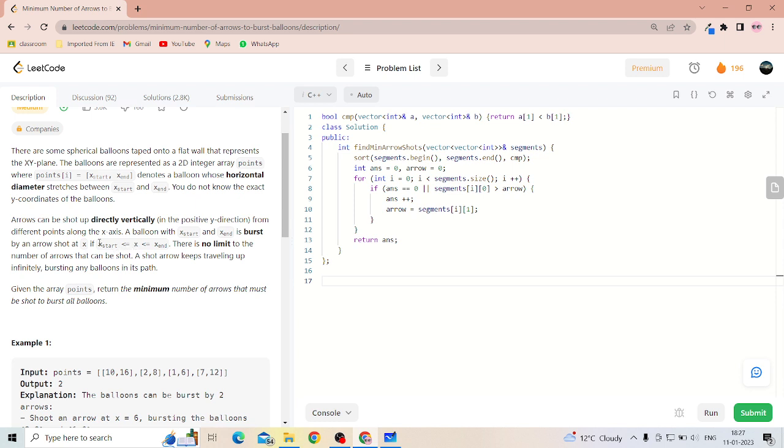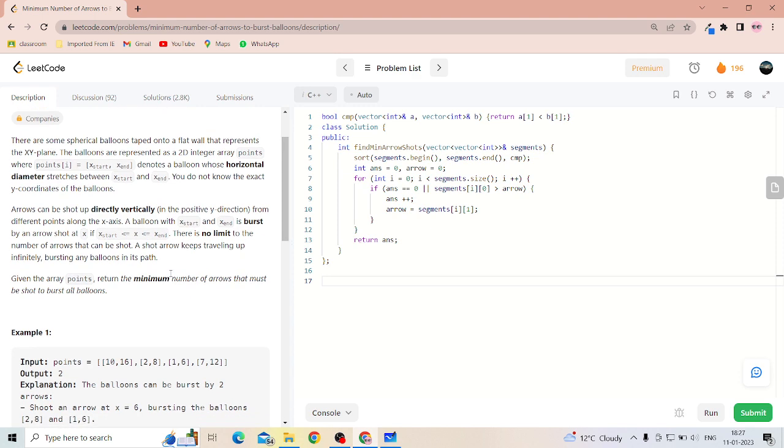If we shoot one arrow between x start and x end, then this balloon will be burst. There is no limit to the number of arrows that can be shot. A shot arrow keeps traveling up infinitely, bursting any balloon in its path.